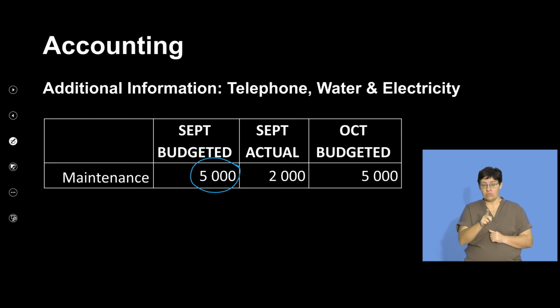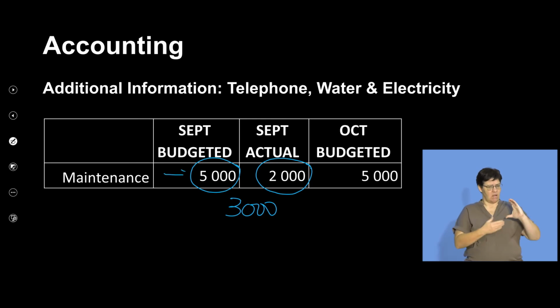Your actual spend on this budget was 2,000 Rand. Although it's a positive variance, you can see she did not use the entire maintenance budget. There was a positive variance of, clearly you can see, 3,000 Rand, right? So she budgeted 5,000, she spent 2,000.